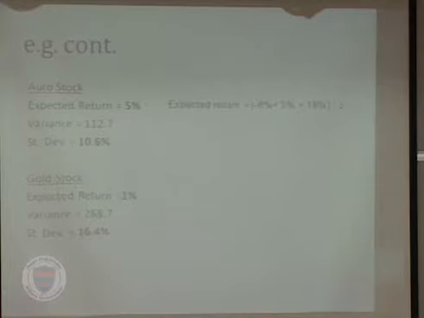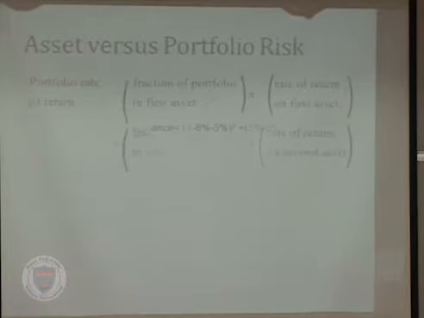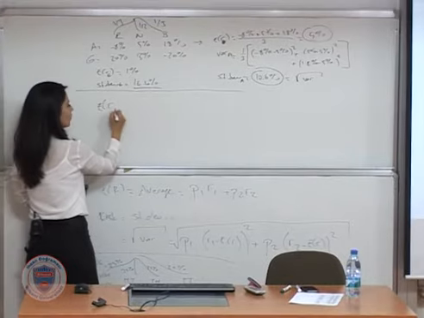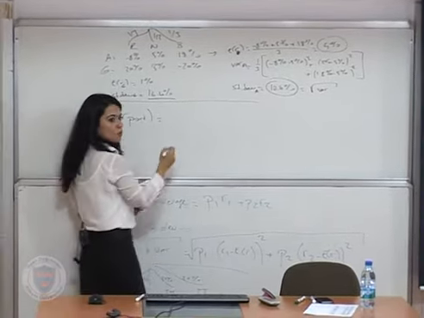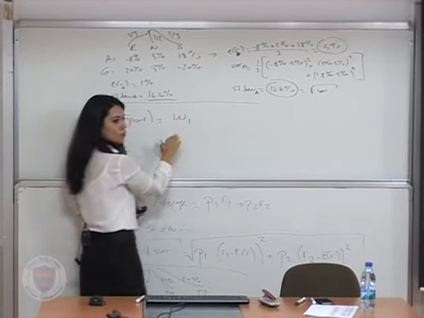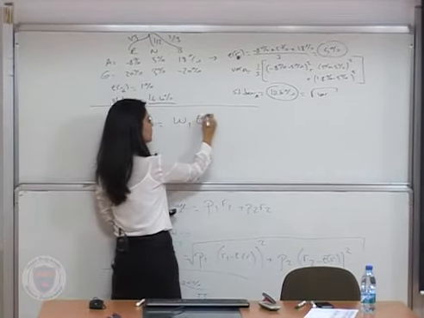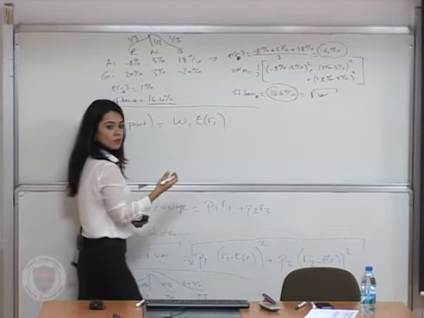So we're going one step further. When you're asked to calculate the return of a portfolio, this is again very straightforward. For the expected return of a portfolio, you multiply the weight of each stock in your portfolio with its return.